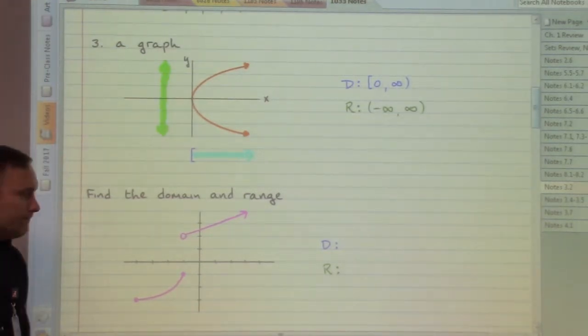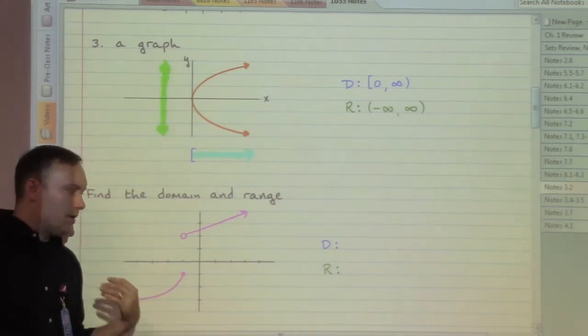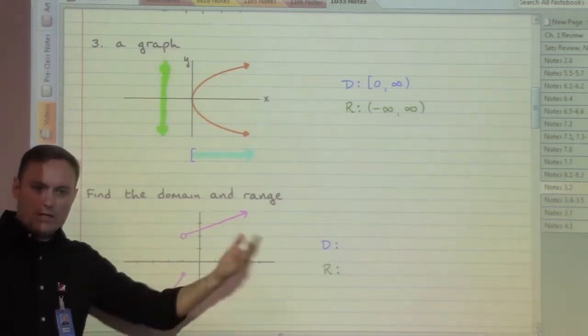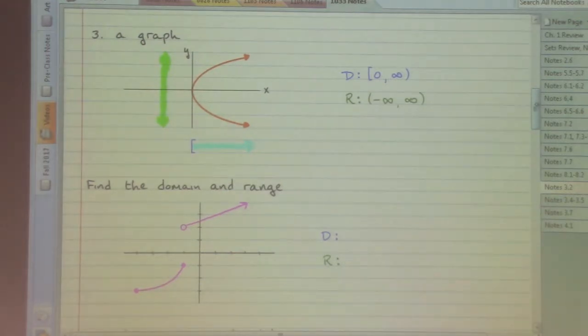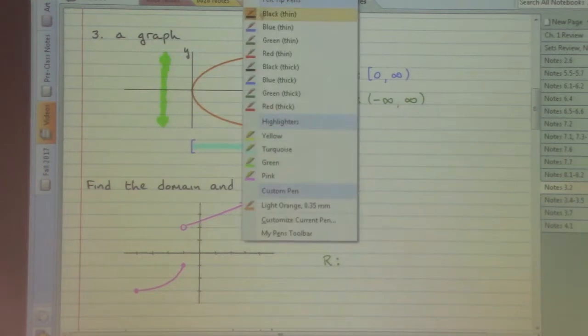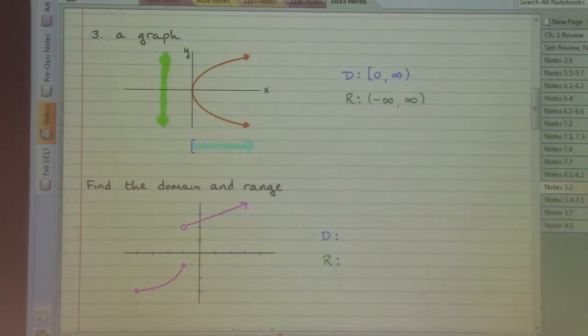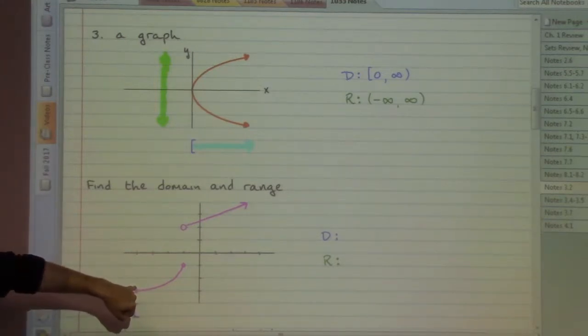The domain, again, is going to be based on the x, which runs left and right. So I want to go from smaller to larger. Down along the bottom, I'm going to look as far to the left as I possibly can. And what I notice when I do that is that the pink drawing does not go any farther to the left than this pink dot right here.